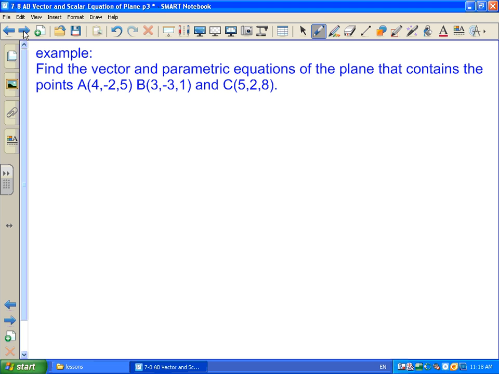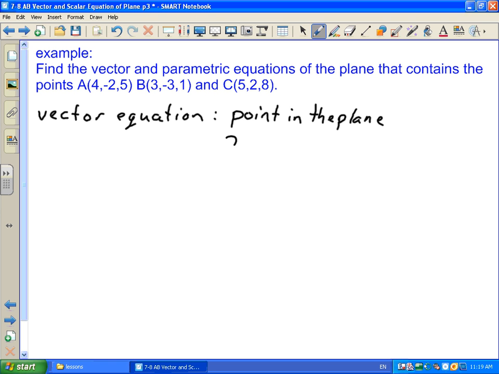So what we need for our vector equation are 2 things. For the vector equation, we need a point in the plane, and we need 2 direction vectors, which are linearly independent.